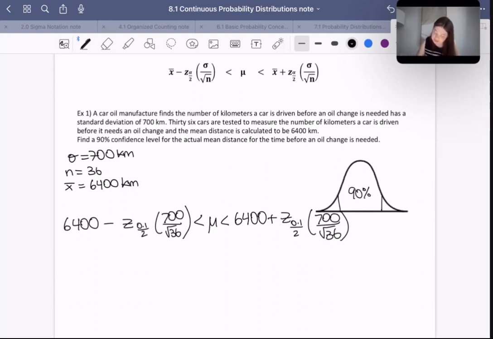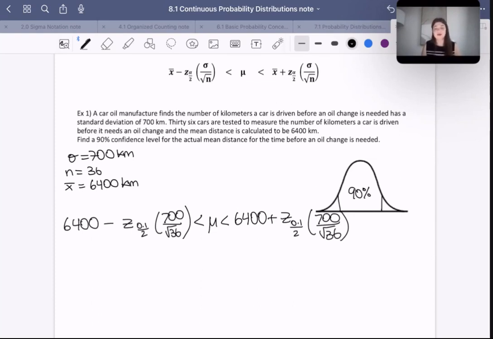All we must leave out is this little bit on the top and this little bit on the bottom, right? And so I would like to know how we are going to do that exactly, right? How are we exactly going to leave out that little bit on the top and that little bit on the bottom, right? Because this isn't part of our 68, 95, 98.7. This is separate from that.